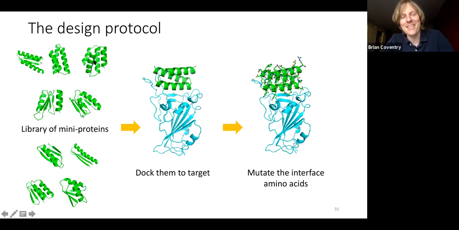Which I say that because at the time, people were really convinced if they passed the protease assay, they're atomically accurate, but I have some counter data to that. Anyways, you take your library of mini proteins, you dock them to the target in every way imaginable, and then you mutate your interface residues to make them so that they're actually binding proteins. And then there's a filtering step afterwards.